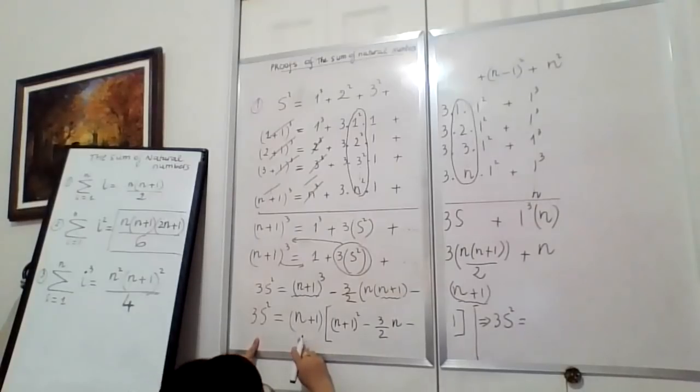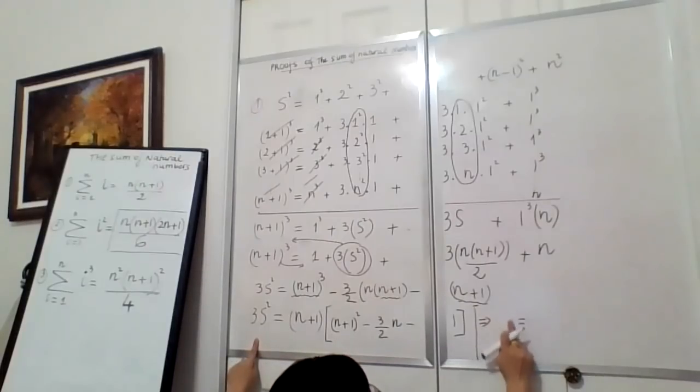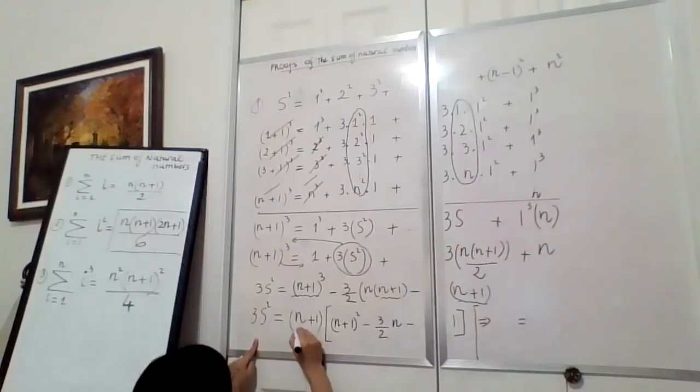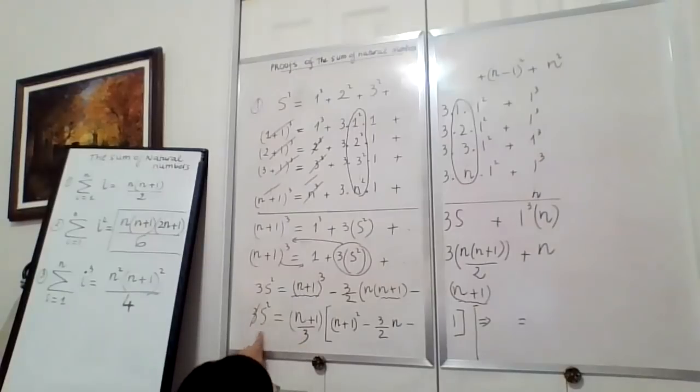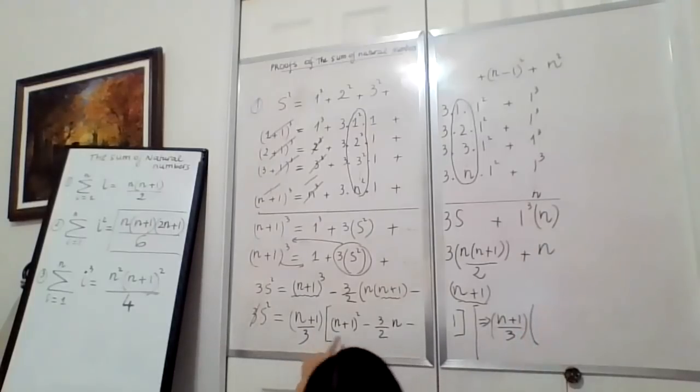Now, because I want to solve for s squared, let's just solve it, okay? So I divide this by 3, and I cancel that, right? Left, right, when brought to the right, multiply becomes divide. So now I'm going to write n plus 1 over 3 times, I want to expand this bracket, right?